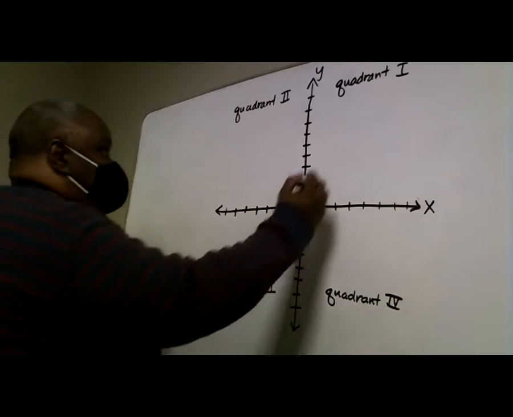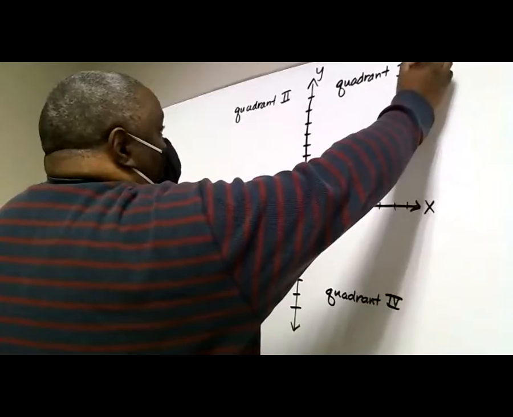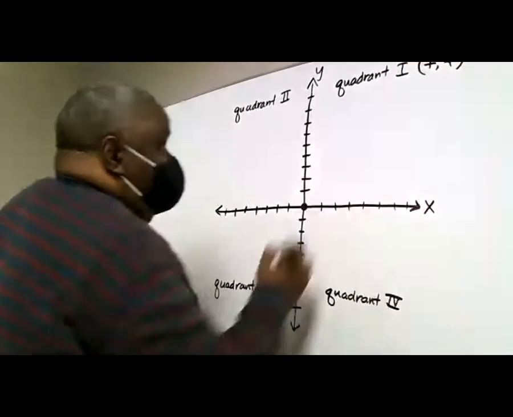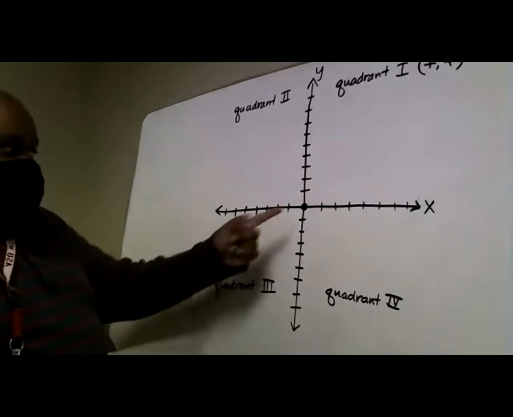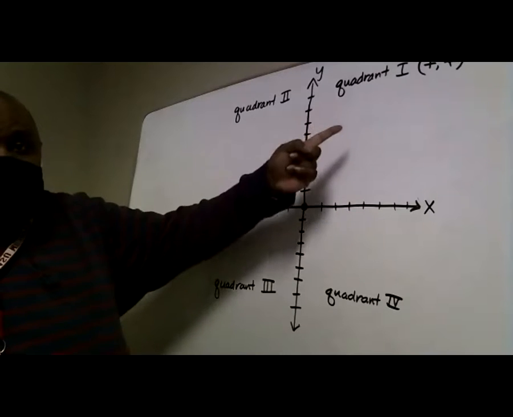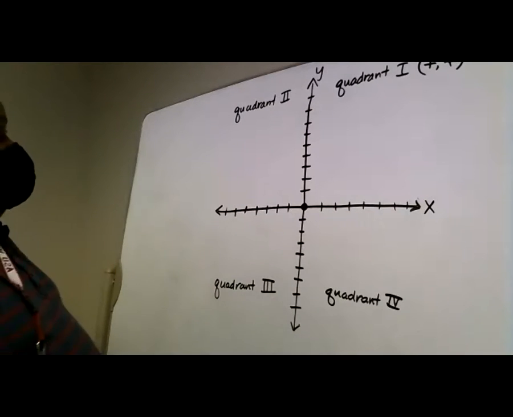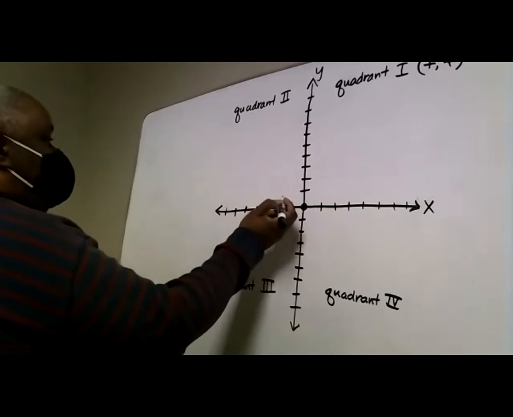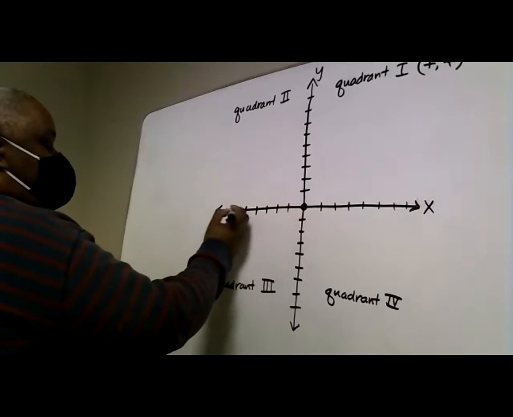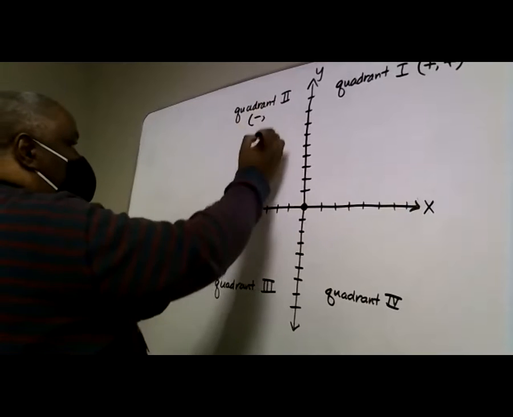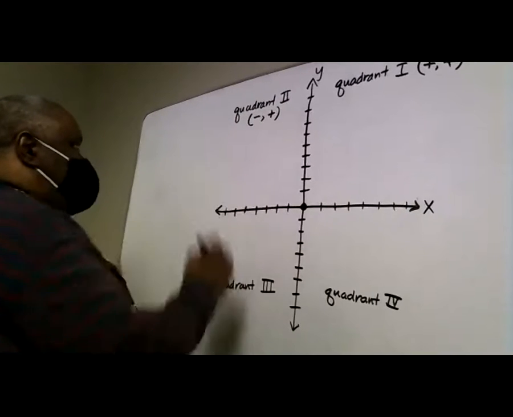And in the first quadrant, your ordered pairs for x and for y are going to be positive because you're going to the right and then up. So your x and your y coordinates will be positive. Now for quadrant 2, your x coordinates will be negative. And then you're going up, so the y coordinate has to be positive.